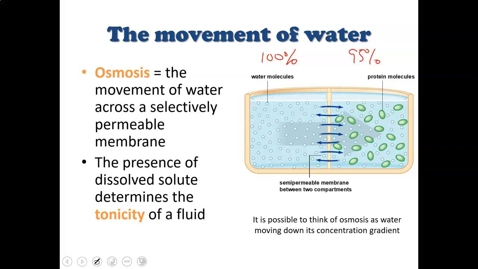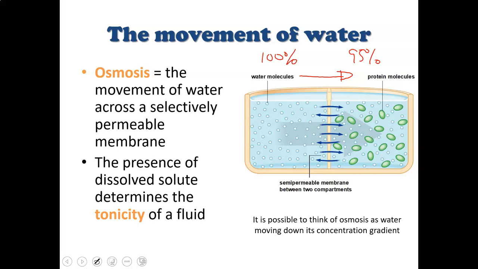So the concentration of water molecules is higher on the left side than it is on the right side. And like all particles, things want to go from high concentration to low concentration, so the net movement of water will be to the right. Okay? So you can see here that osmosis is really the movement of water down its concentration gradient.